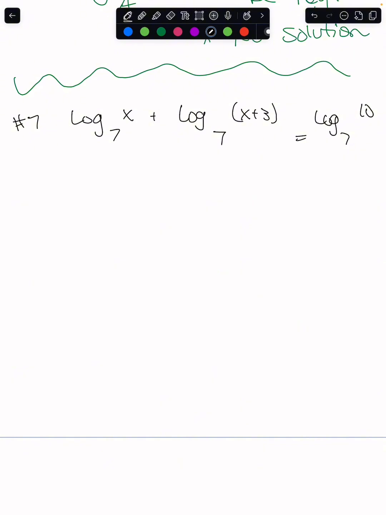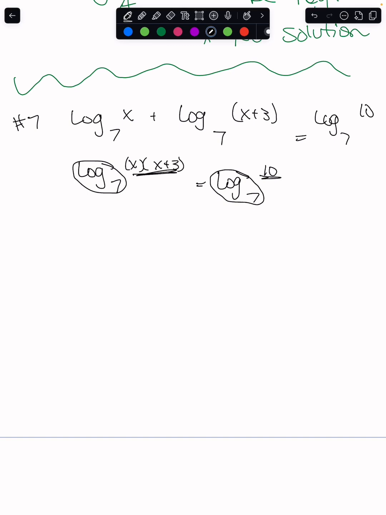So we must have started with log base 7 of x times x plus 3 equals log base 7 of 10. Now remember, if these are the same, that means the arguments have to be equal. So x times x plus 3 needs to equal 10.